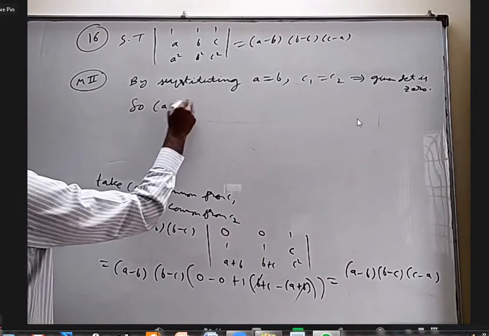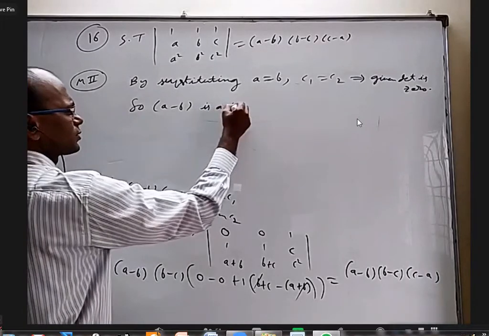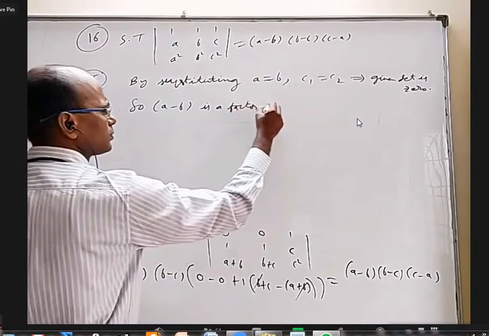So a minus b is a factor of the given determinant.